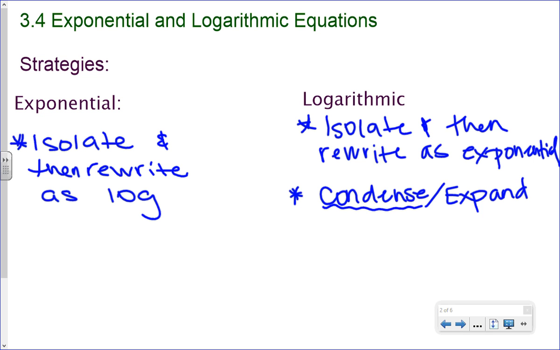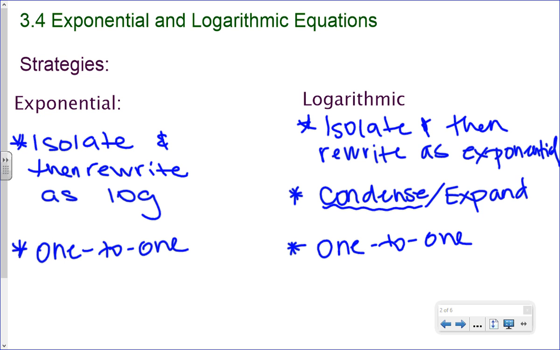There's also a property that we used for both logarithms and exponentials. Do you remember the one-to-one property that we talked about last week?